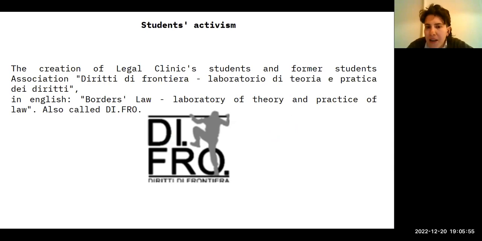But me and the other students at that time really wanted to have more space to participate and start different kinds of projects and not just stay in the box that the university sometimes gives to the clinics, or to try to enlarge the web of subjects with which we collaborated, for example, activists or social movements, all kinds of movements and realities that usually, and unfortunately, didn't collaborate or cooperate with universities in Italy.